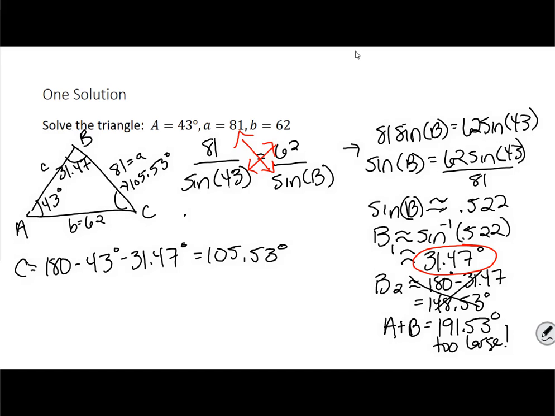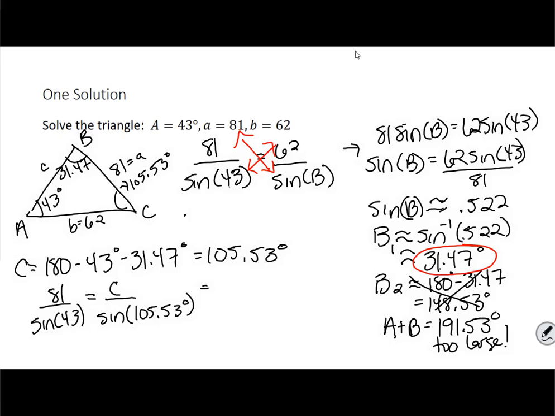So 81 over sine of 43 equals little c over sine of 105.53 degrees.